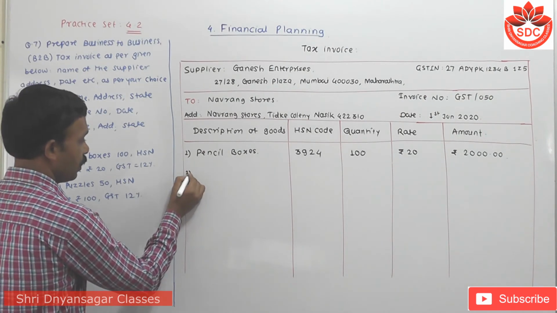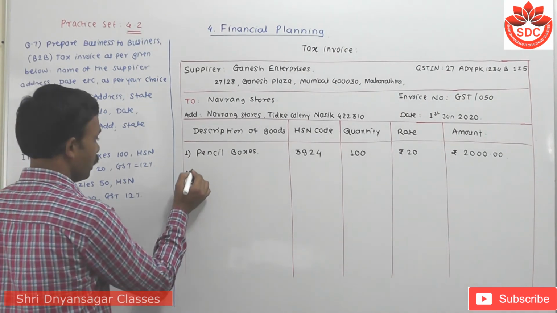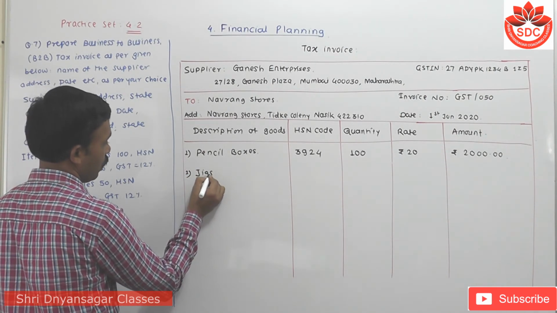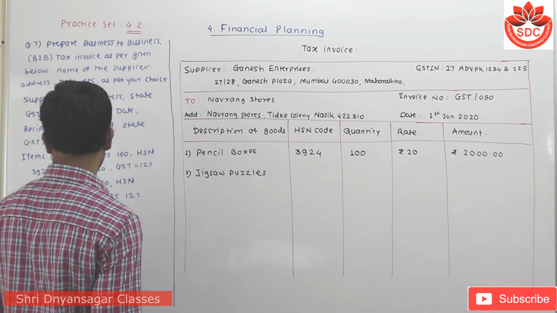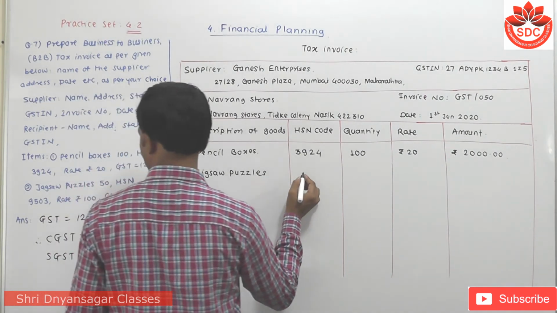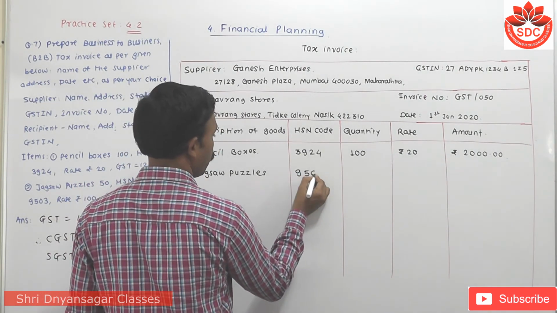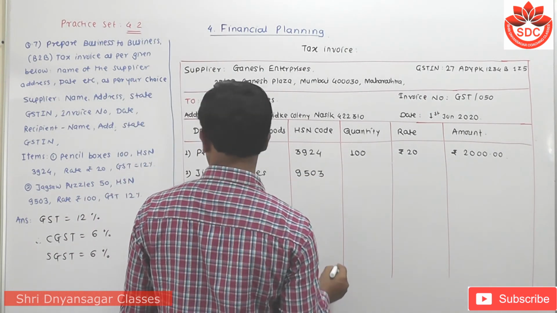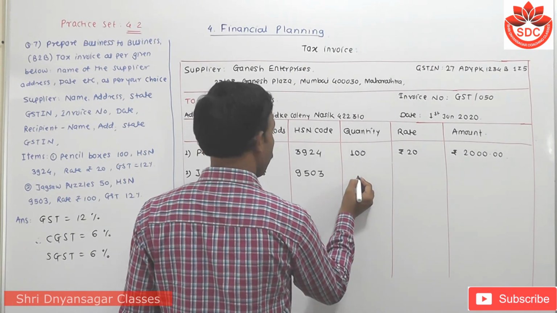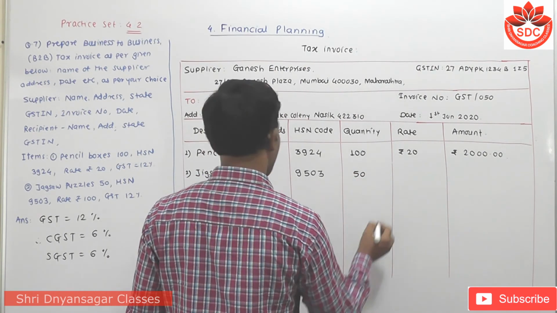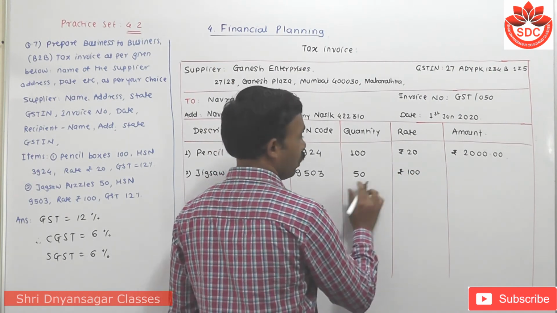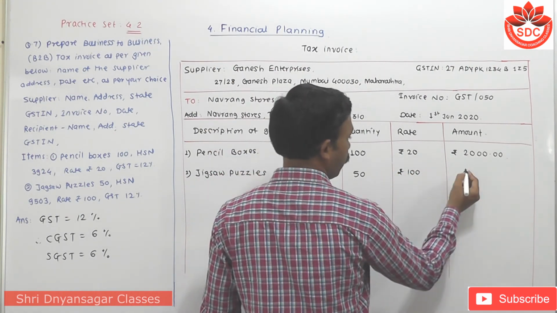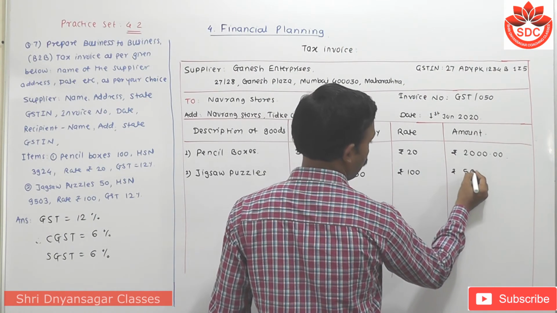Then second one is jigsaw puzzles. Jigsaw puzzles HSN code is 9503. Then quantity is 50. Rate of this is 100. Then total amount is 100 into 50 becomes rupees 5000.